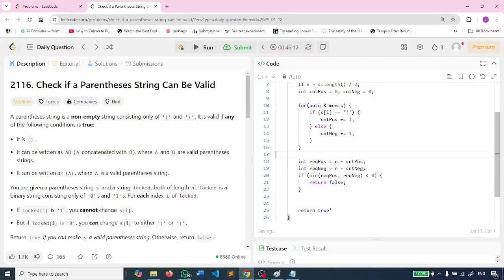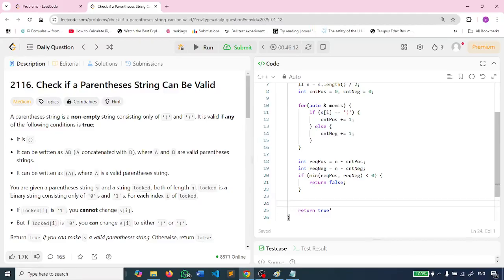The reason is simply because if there are already more positives than the amount that should be there in a valid parenthesis string, or in the case of negatives also, then obviously we cannot balance the string. So we return false for this case.